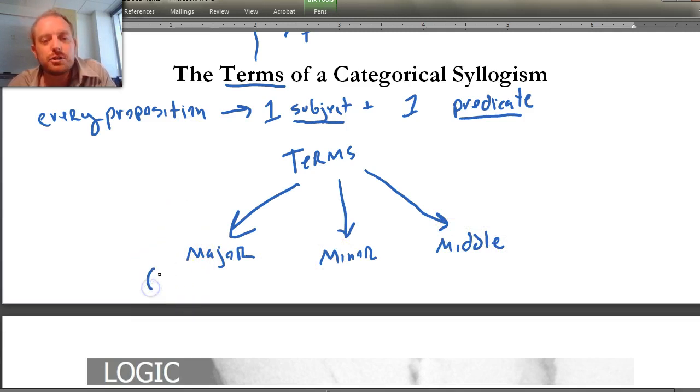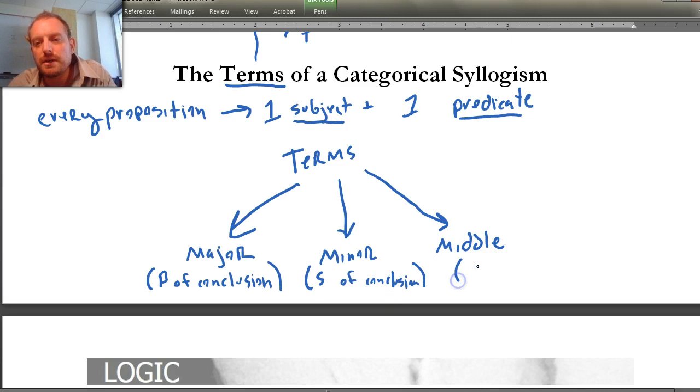The major term is the term that ends up as the predicate of the conclusion. Okay? The minor term ends up being the subject of the conclusion. And the middle term is the term that only appears in each premise.